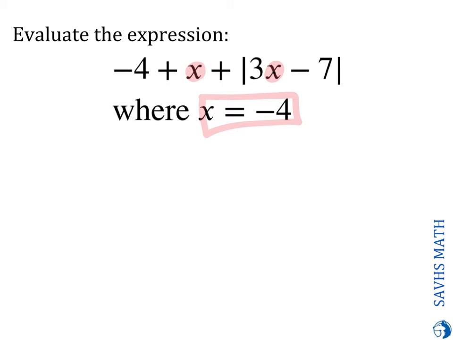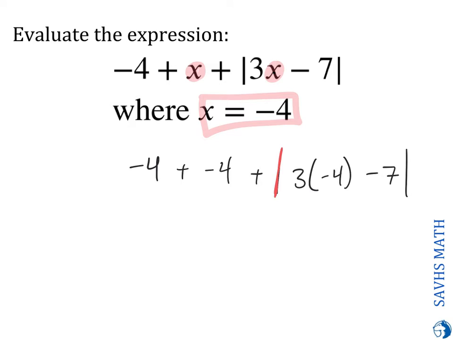Everywhere I see an x, I'm going to put a -4 in. So I get -4 plus -4 plus absolute value of 3 times -4 minus 7. Now this is an order of operations problem, and I will just tell you that these absolute value bars are a grouping symbol. So they work a little bit like parentheses, but they also do a special thing.